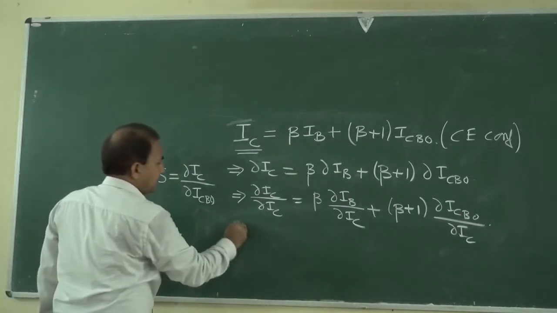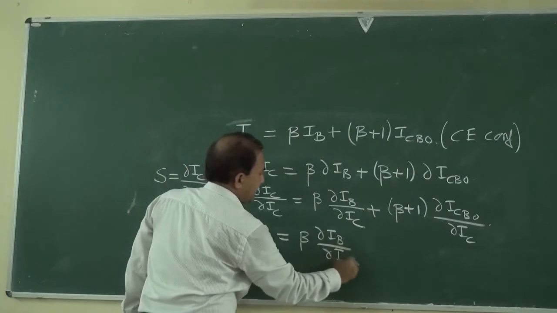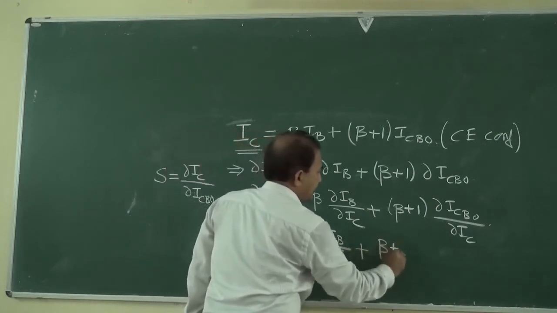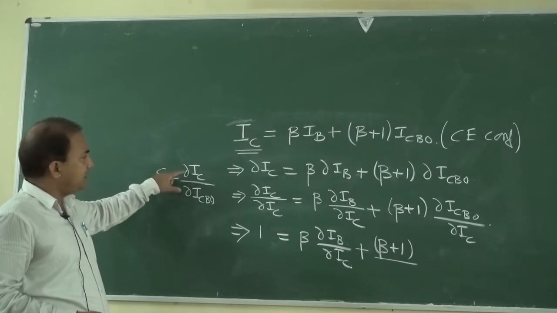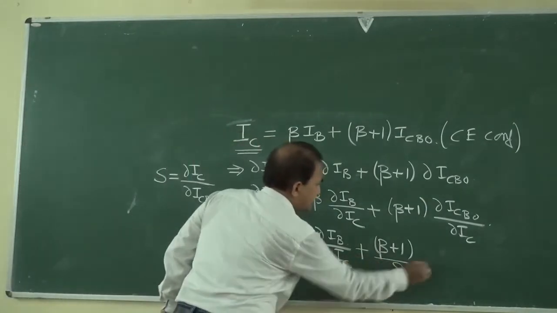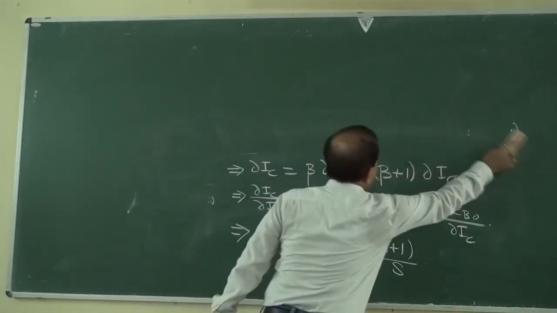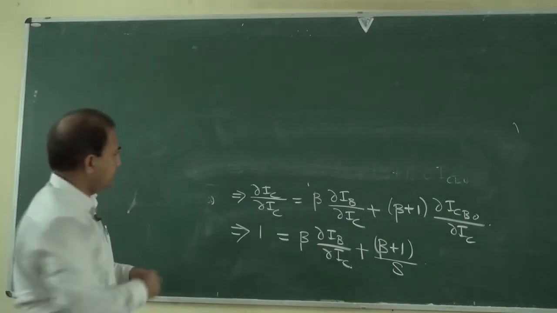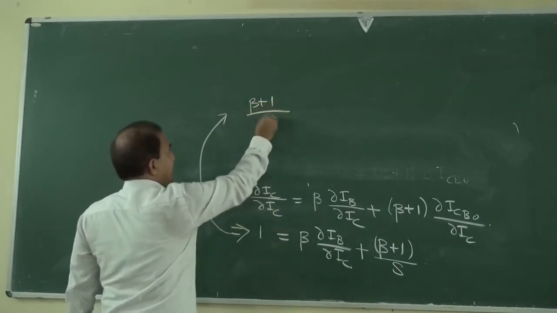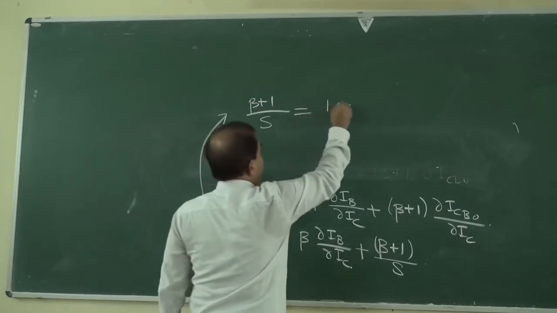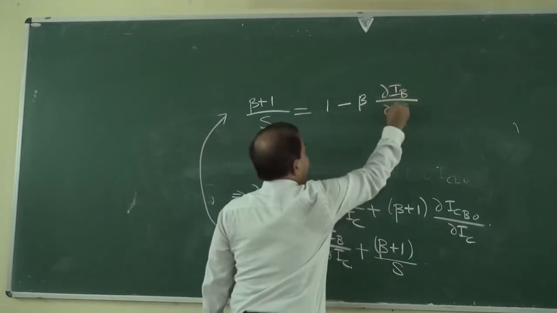Now S is equal to del IC divided by del ICBO, so this term is equal to 1 over S. So we can write this equation like this: beta plus 1 divided by S is equal to 1 minus beta into del IB by del IC.